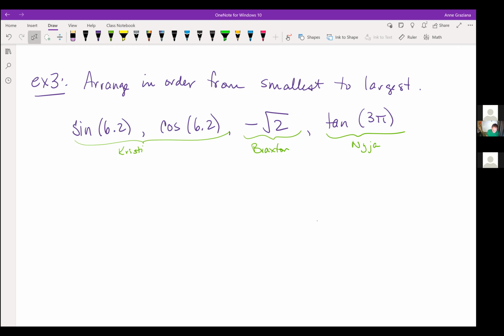It's not showing you what I'm drawing yet. Christy, are you there? All right, I'm not sure what's going on there, but would somebody like to tell us where to go to get to 6.2?